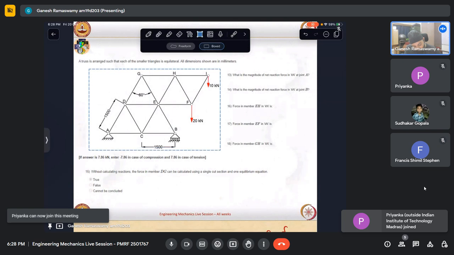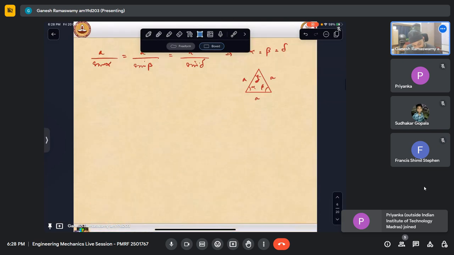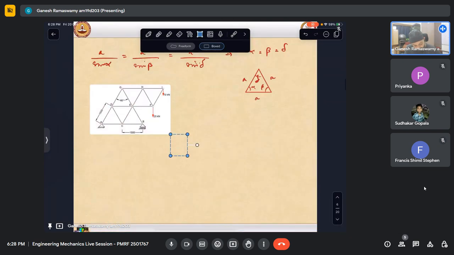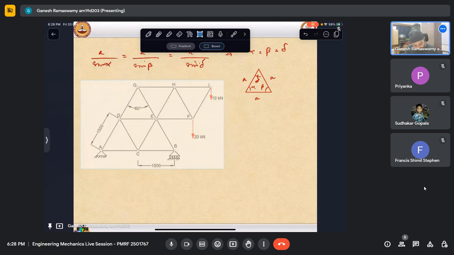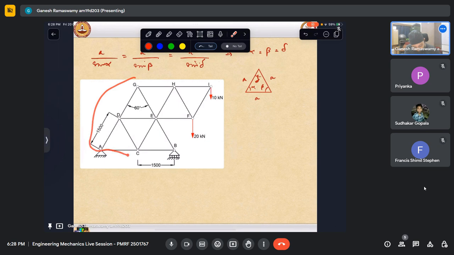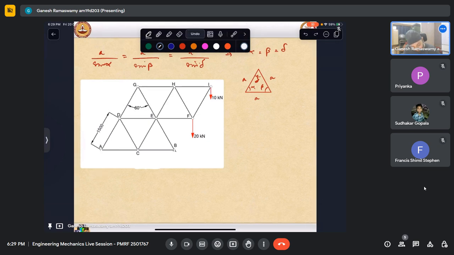So we have this, fine. Now I go here, and for this entire system, I draw the free body diagram. I will treat it as a rigid body. So let me apply the reactions.